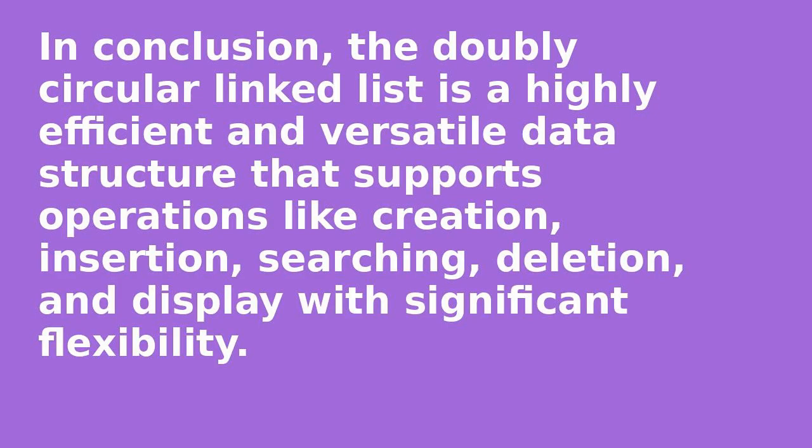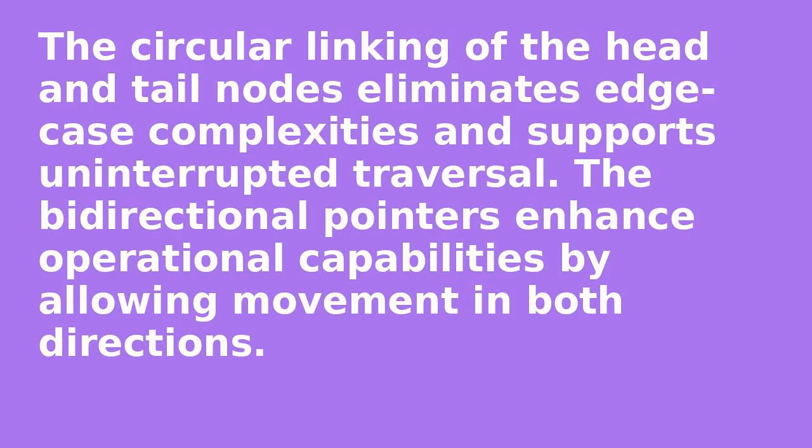In conclusion, the doubly circular linked list is a highly efficient and versatile data structure that supports operations like creation, insertion, searching, deletion, and display with significant flexibility. The circular linking of the head and tail nodes eliminates edge case complexities and supports uninterrupted traversal.